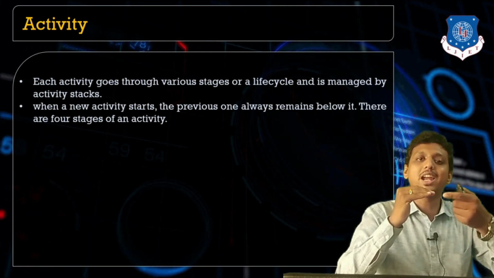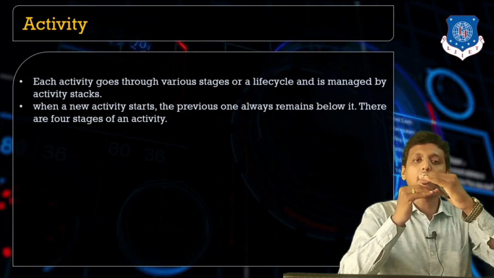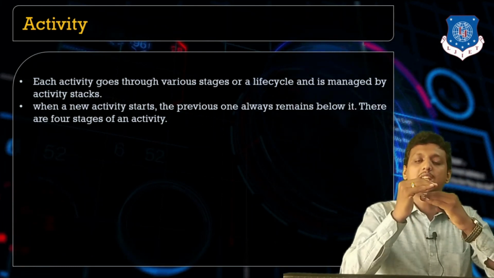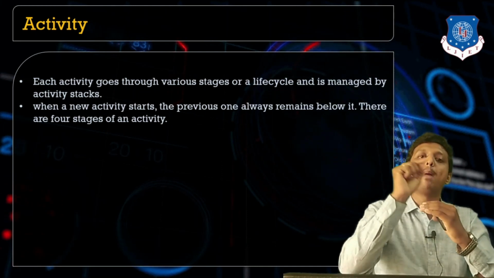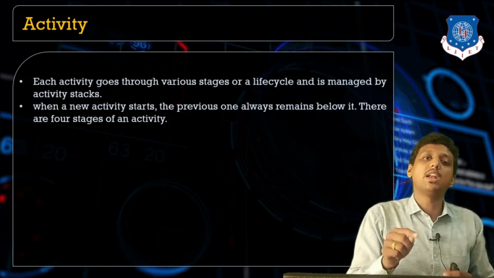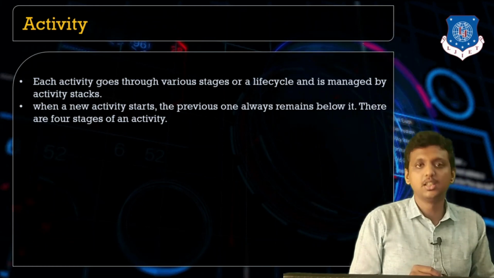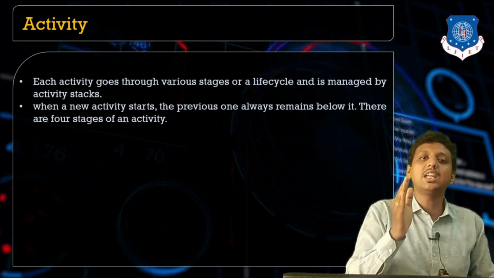When you go inside that activity, another activity is placed on top, activity 2, and then activity 3. This is how we maintain the activity stack. When I click on the back button of activity 3, I move to activity 2. When I click back again on activity 2, I move to activity 1.